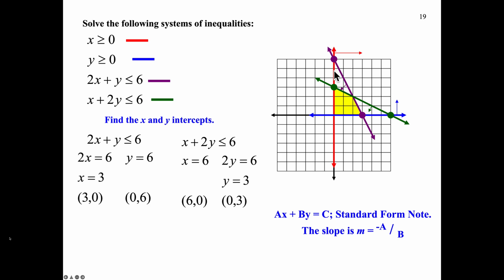From this point down 2, right 1. The reason I say that is because sometimes one of these two coefficients will not divide evenly in here, but that doesn't mean you can't find, say, an x-intercept, use the slope from the x-intercept, and plot points. All right.